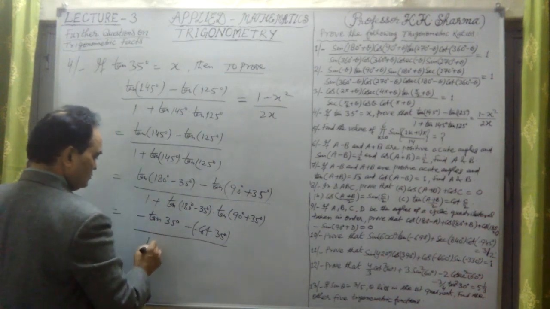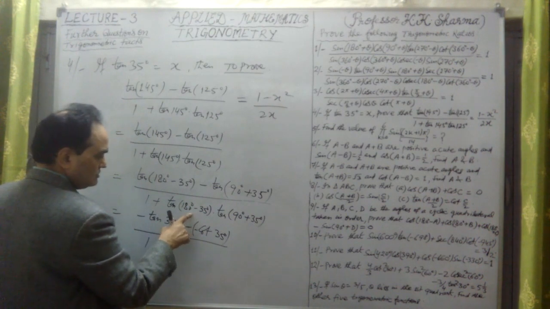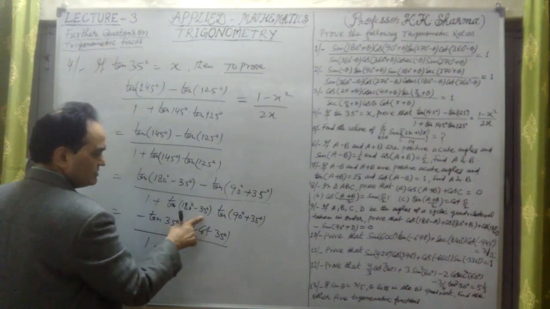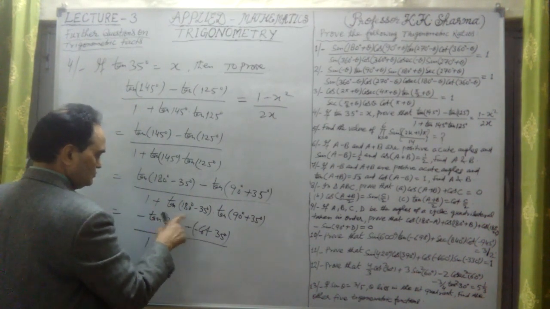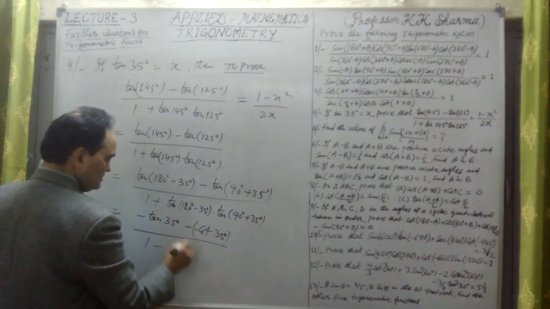Divided by 1 minus. Tan of 180 degree minus 35 degree is lying in the second quadrant again, so it is minus tan 35 degree, as in the numerator.